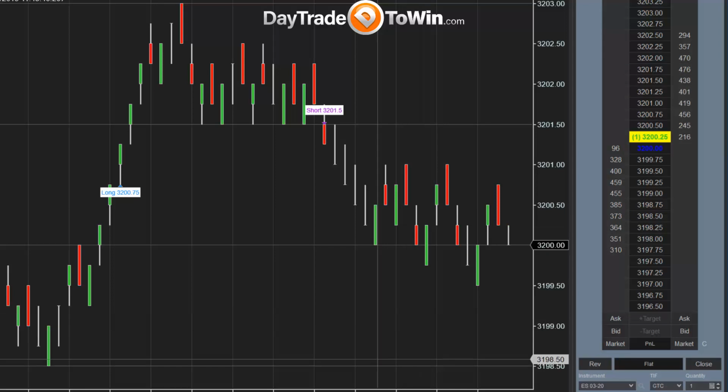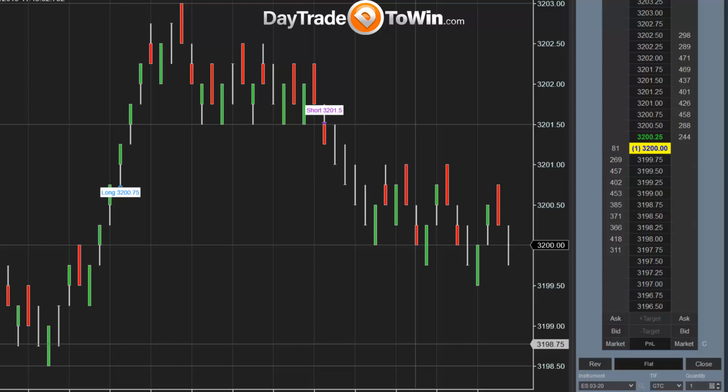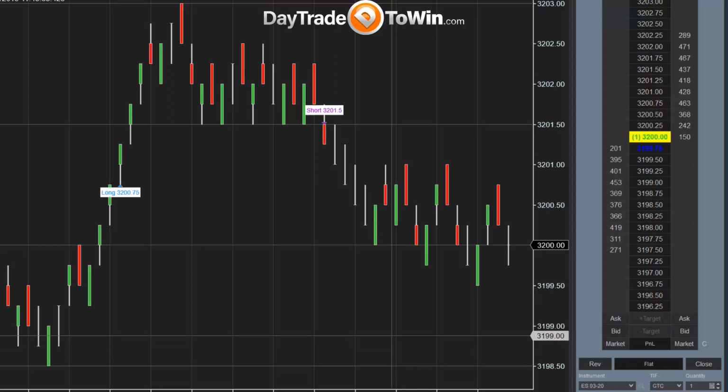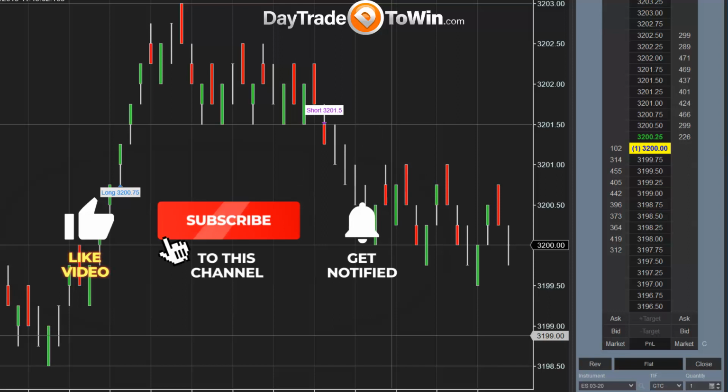You may get the exact price. You may get a tick of slippage, especially since the E-mini S&P has healthy volatility and healthy liquidity. Some markets that work slower, you may get more slippage, which is not good. But market if touched orders are good to get in and to get out without having to worry about the limit order trying to get filled because you're in line in a queue.